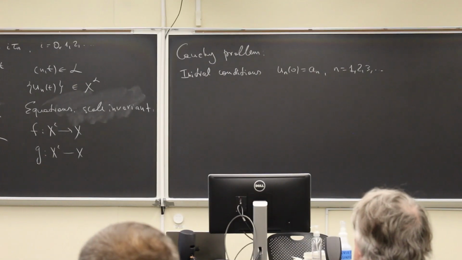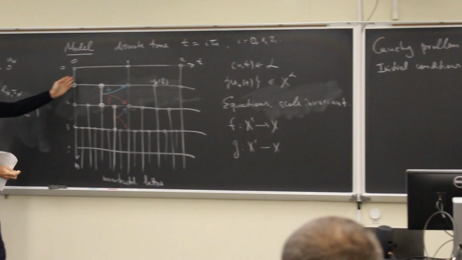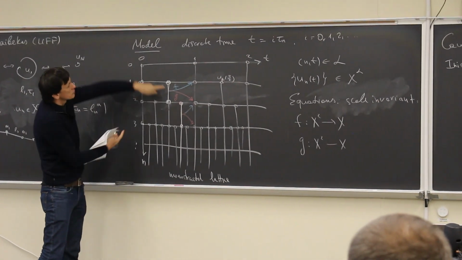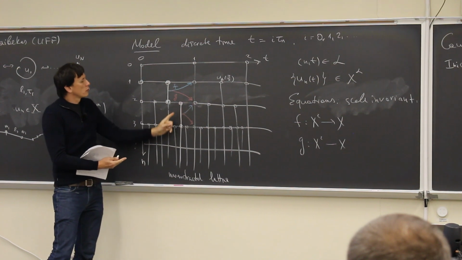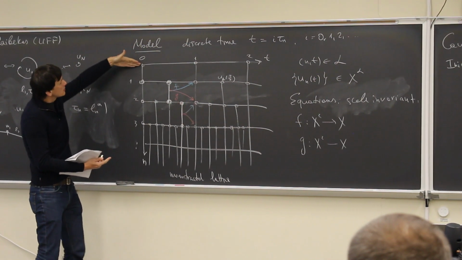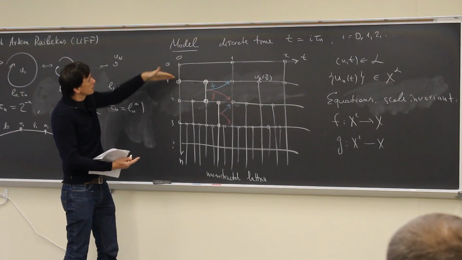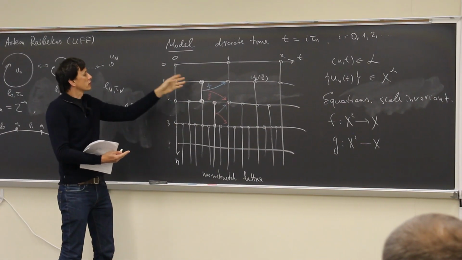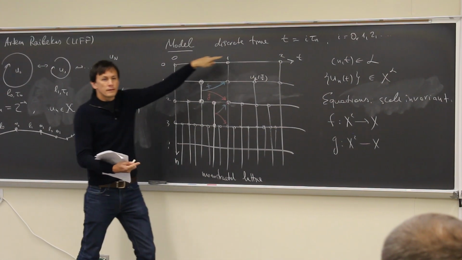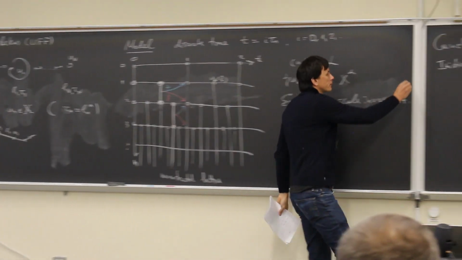So we give the initial condition on the left, at time 0. And also, since we have interactions from both sides, this is what we didn't have last time. We only had interaction from below. But now larger scales influence smaller scales, and smaller scales influence larger scales.